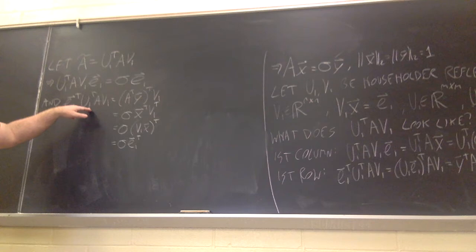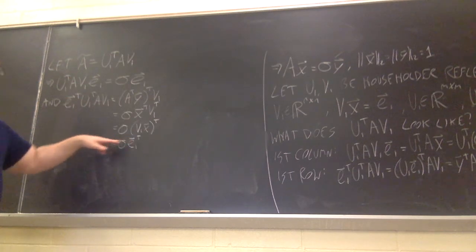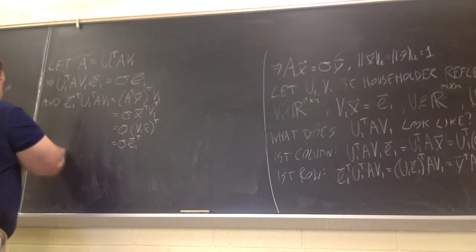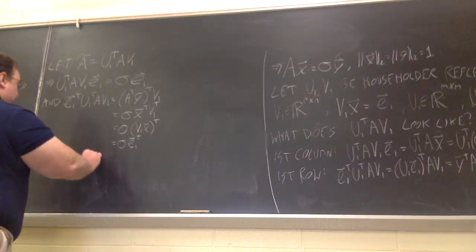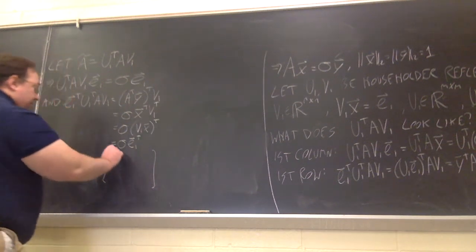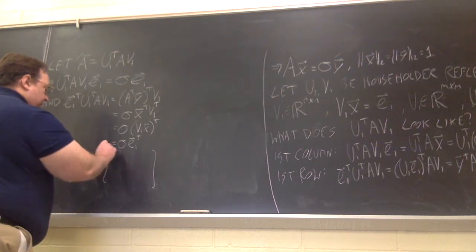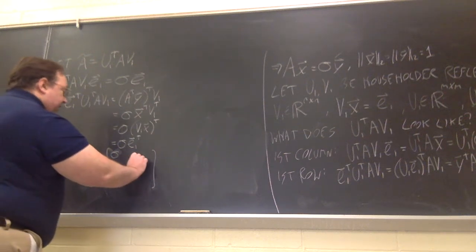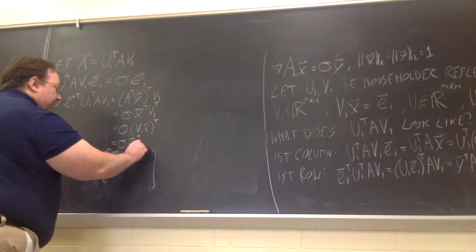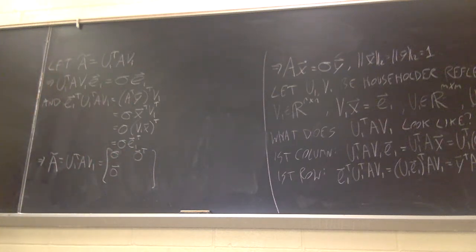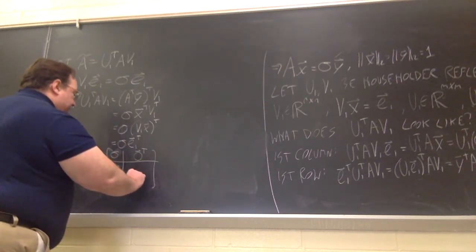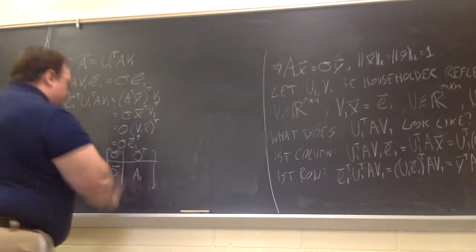So A tilde, which is U1 transpose A V1, has this structure: sigma in the 1,1 position, 0 vector down here in the rest of the first column, 0 transpose up here, which is kind of odd, but we treat all vectors as column vectors, so this is a row vector. And then I have some matrix down here, which I don't know anything about, call it A1.